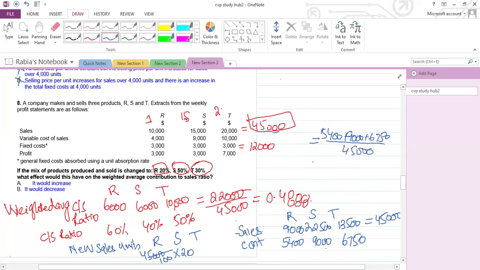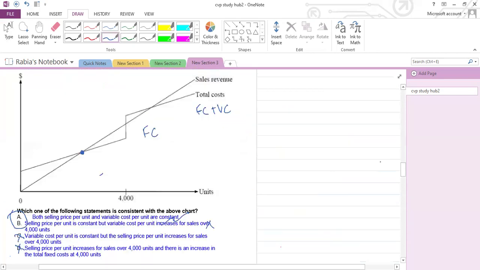This is your new weighted average contribution to sales ratio. It is 0.47. Okay.